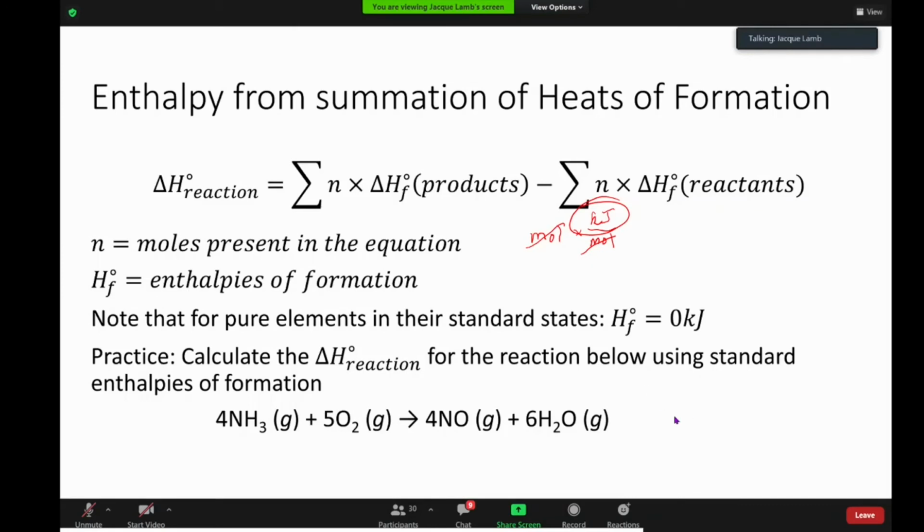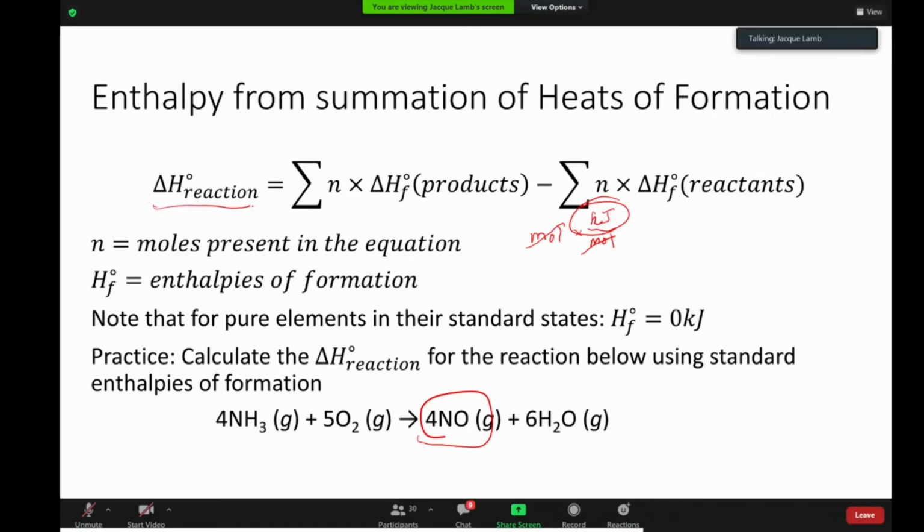Okay, so that's how you do it. I will point out that you could also be given delta H of reaction. In a case like this, you might be asked to calculate the delta H of formation of one of your products, maybe NO2, for example. If that was the case, you'd be given the delta H of reaction.